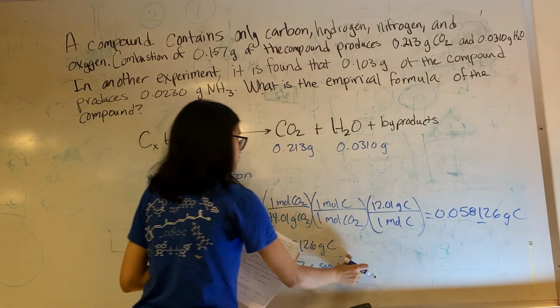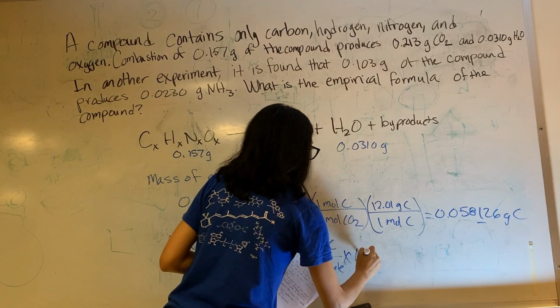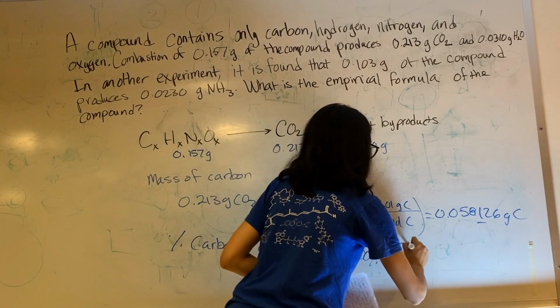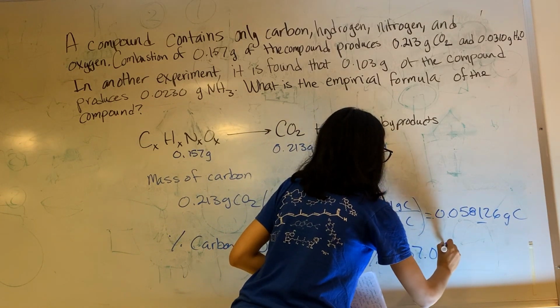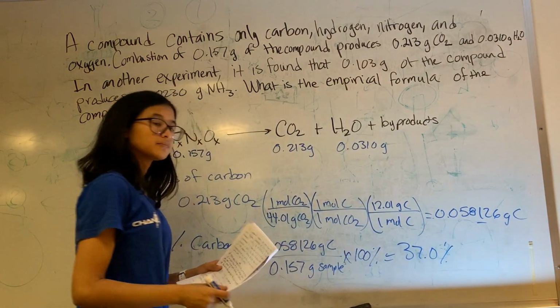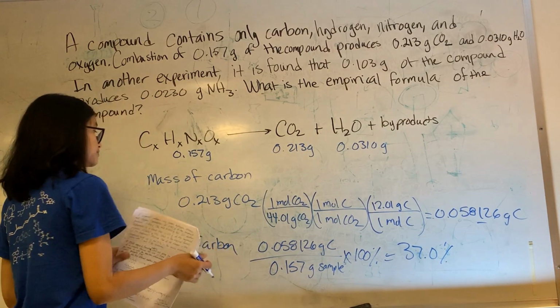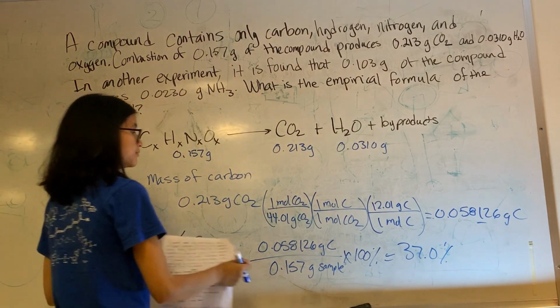And of course, multiply by 100 because we want a percentage. And what you'll get is 37.0% carbon. All right, so now we got a mass percent for carbon. Let's move on to hydrogen.